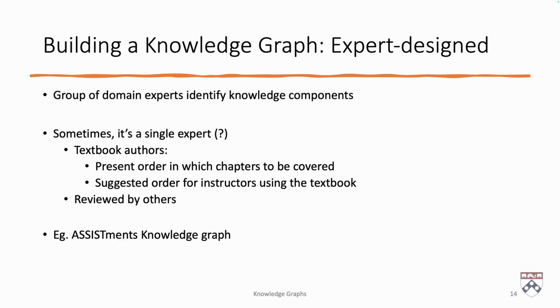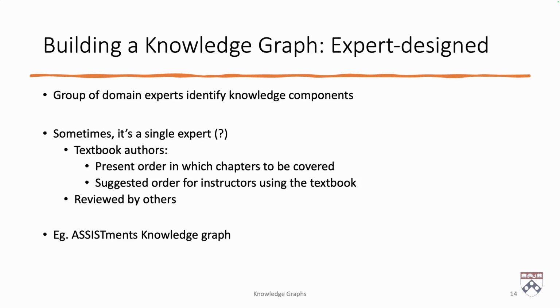They can then decide, okay, now which one should a student learn before the other? We think this is better than that, and they can put it together, and that becomes a knowledge graph. In the assessment system, especially when they created a system they called placements, they used such a knowledge graph, which was expert designed. All right.